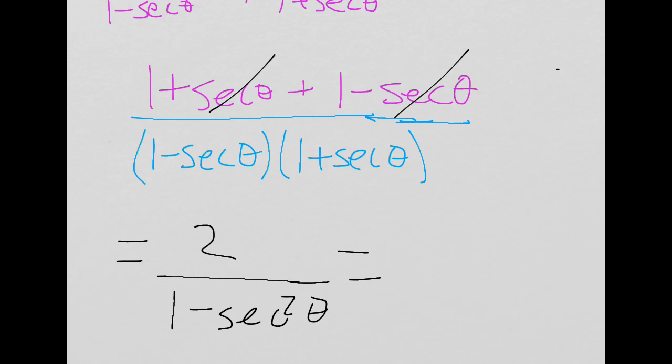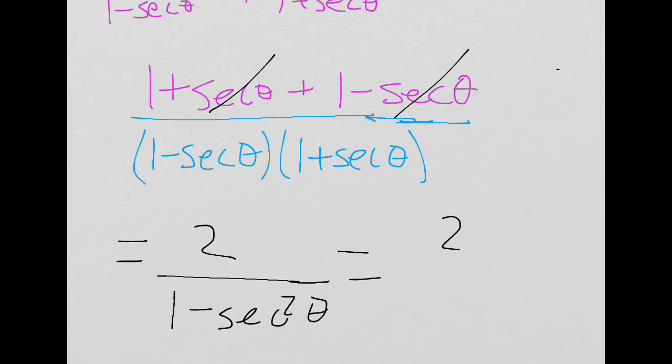Alright, over here, tangent. When I rearrange this by subtracting 1 from both sides, that gives me secant squared minus 1. I need 1 minus secant squared, so the tangent is going to be negative instead of positive. You've got to rearrange it so it's 1 minus secant squared, not secant squared minus 1.